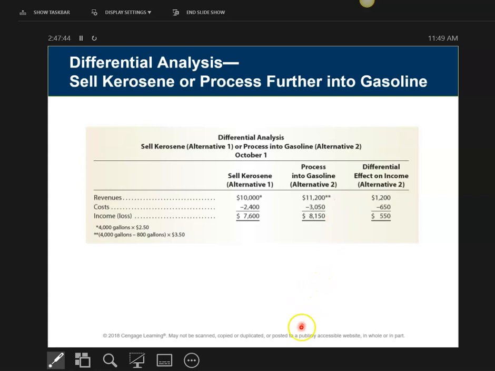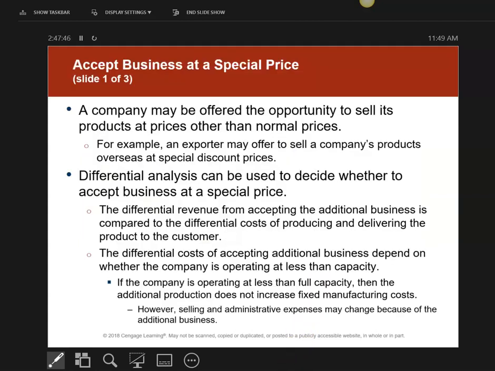Next, we're going to look at, should I accept business at a special price? Because remember, I'm making certain things and I sell them. But some people, offshore exporters, may come to me and say, hey, look, we want you to make a batch of 5,000 or 10,000 of something, but we want to pay a little bit better price. And you have to decide, should I accept that additional business at a special price?